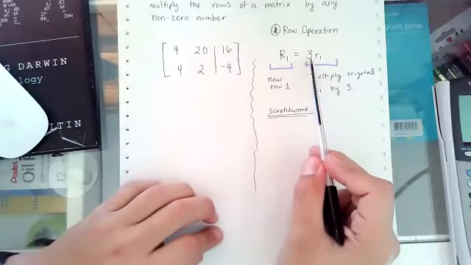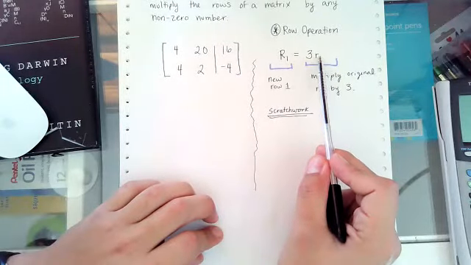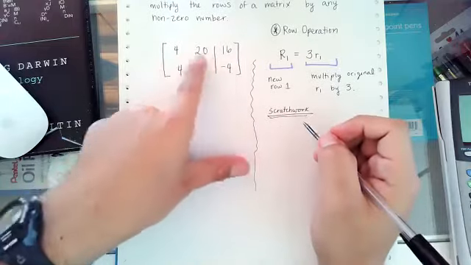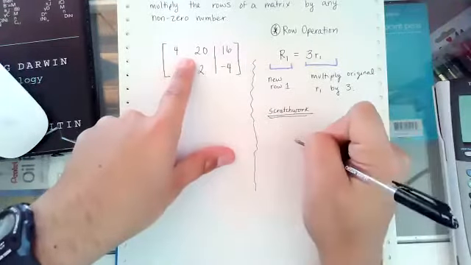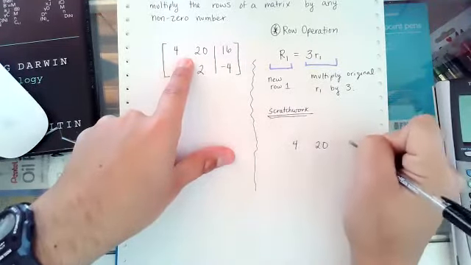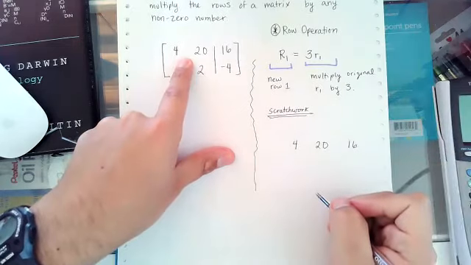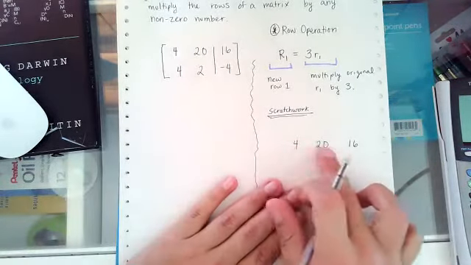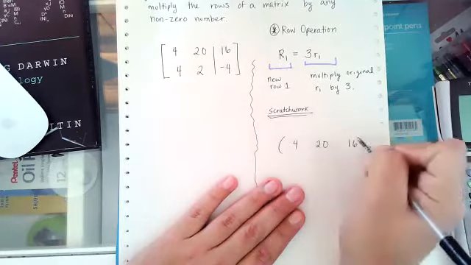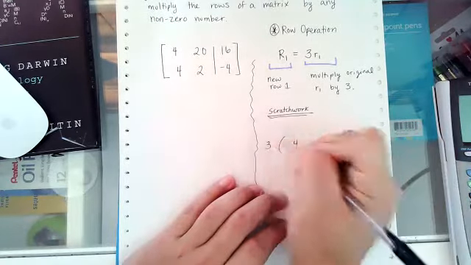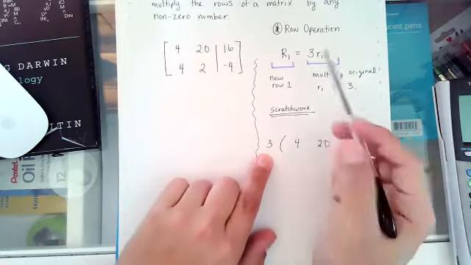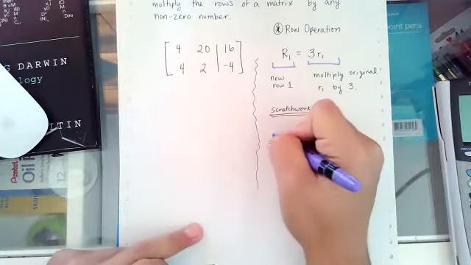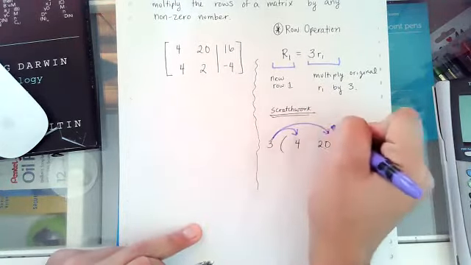The instructions say take the number 3 and multiply it by row 1. So I'm going to take row 1 only, which are the numbers 4, 20, and 16. I'm not going to put any operations between them. I'm just going to take the numbers, throw parentheses around them, and multiply each of them by 3 as instructed here. You can think about it like distributing a 3 to that row.